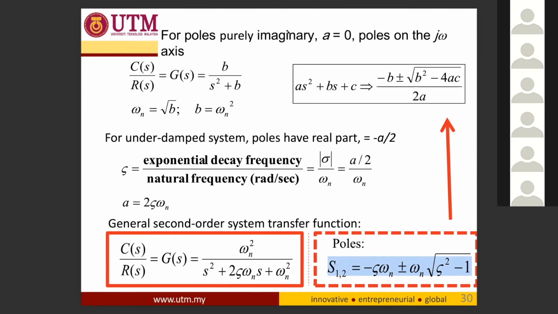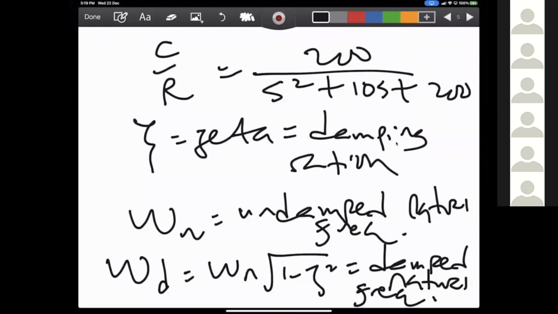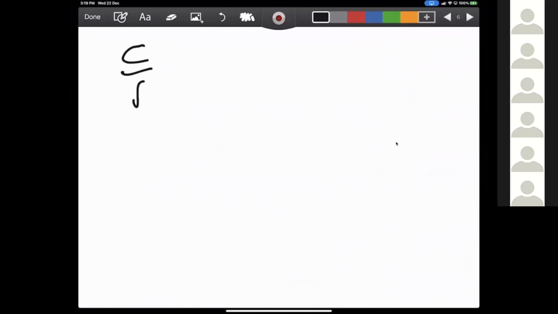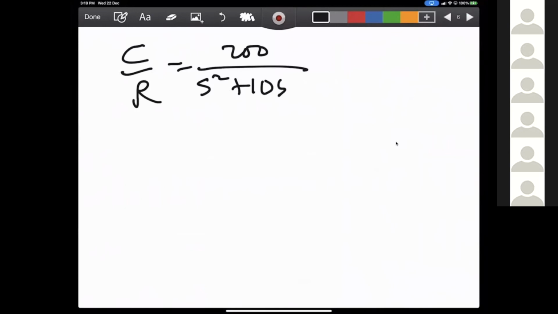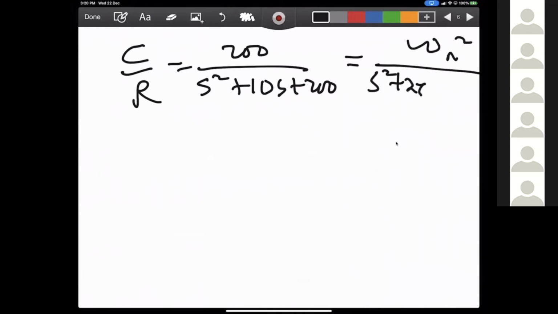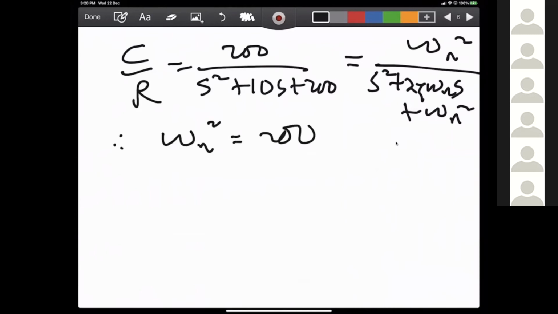For example, just now I showed you the transfer function 200 over s square plus 10s plus 200, which is equal to omega n square over s square plus 2 zeta omega n s plus omega n square. So omega n square is equal to 200.